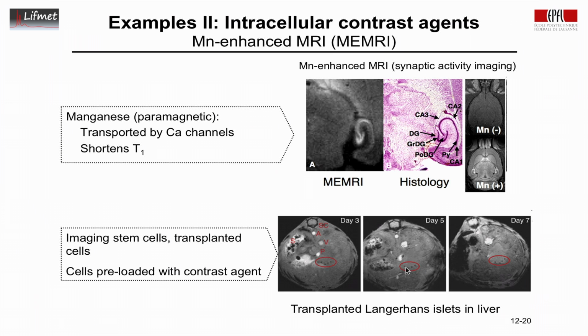They show up as dark because in this case they were used with a paramagnetic, with a susceptibility contrast agent, so a T2 or T2 star contrast agent, and they are indeed showing up here dislodged in the liver, where they are making their action on the body by helping to secrete insulin and therefore reduce the effects of type 1 diabetes in these patients.